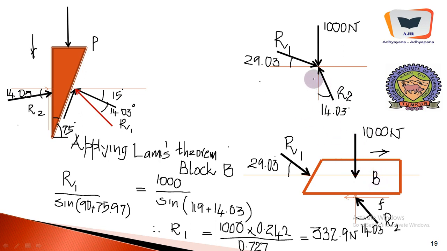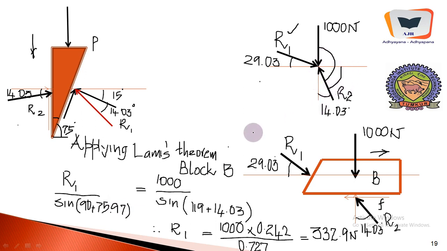So this is simply translated into a three-force system: R1, the load, and the reaction from the support. We apply Lami's theorem first for this, and we will get the value of R1. Therefore R1 divided by sine of this angle, 90 plus 75.97. This angle is 75.97.